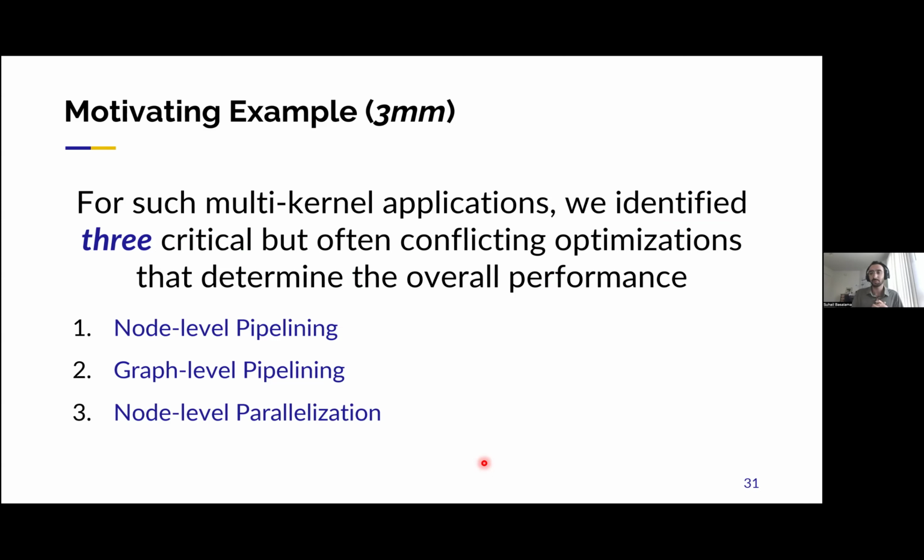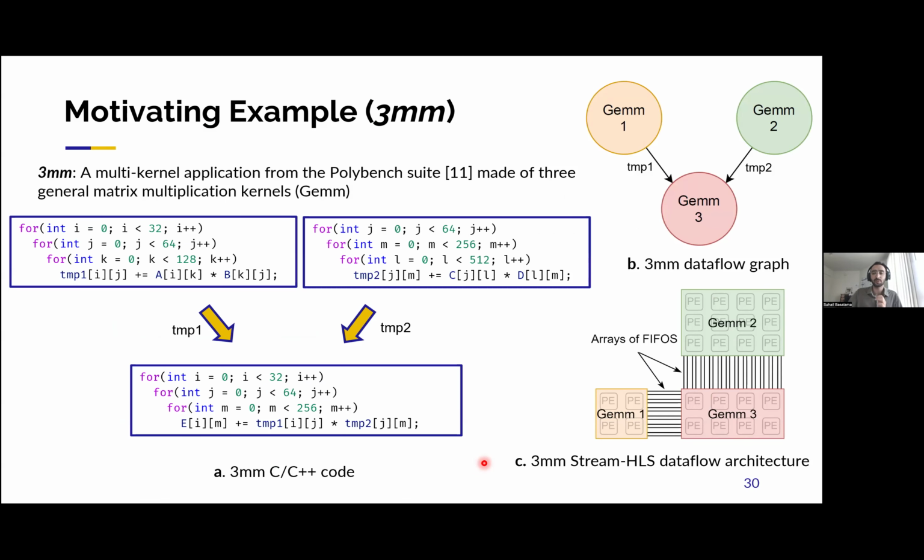For such multi-kernel applications, we identify three critical but often conflicting optimizations that will determine the overall performance. And in this case, in the previous FlexCNN, we had one accelerator, for example, one gem accelerator. We will run it 3 times. That's why we call it von Neumann Dataflow hybrid.